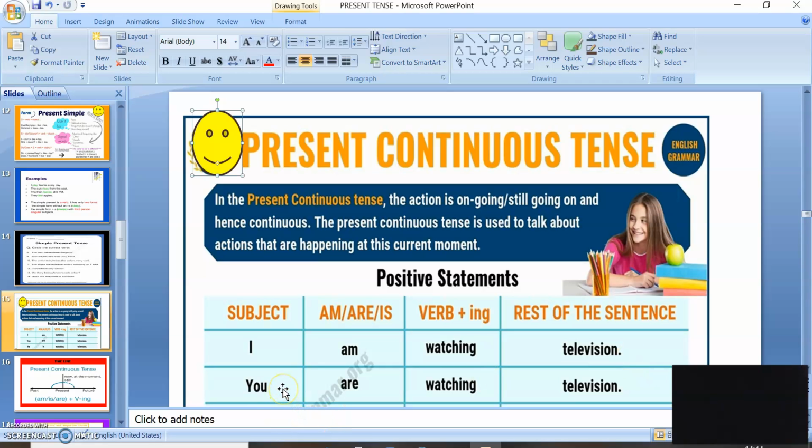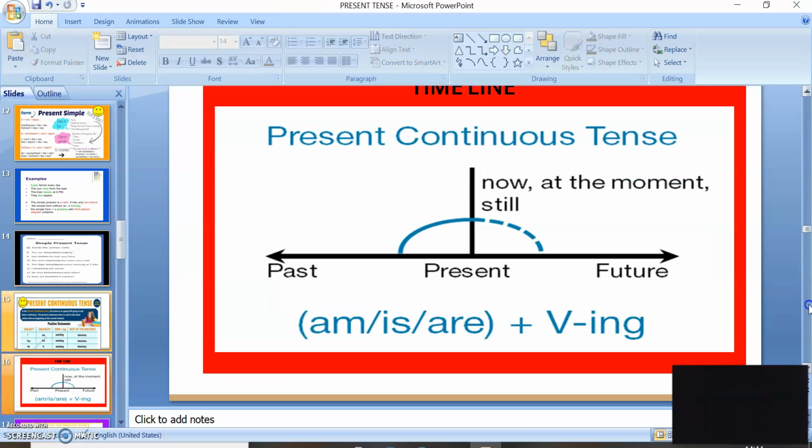Similarly, you are watching television. It means you are making a sentence of present continuous tense, and I do hope this part of present tense is clear to everybody. Moving on to the timeline now.